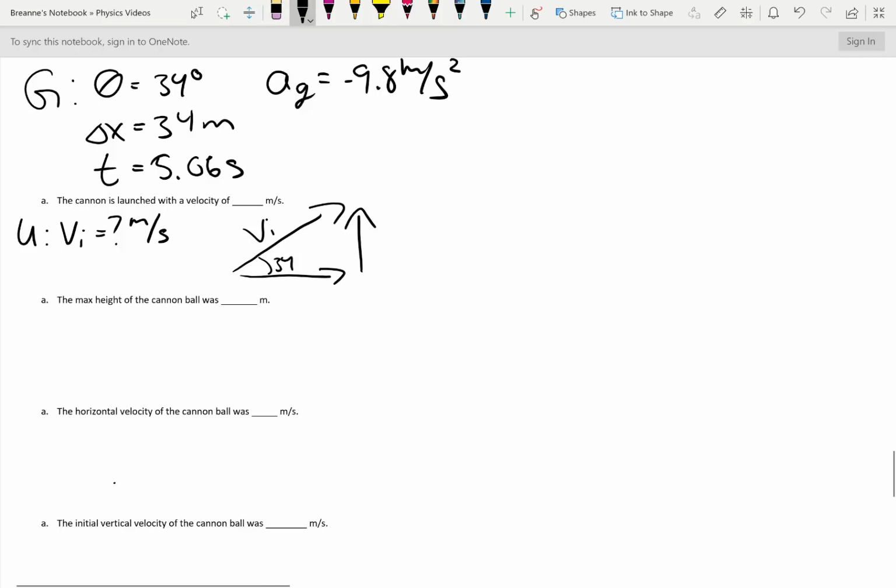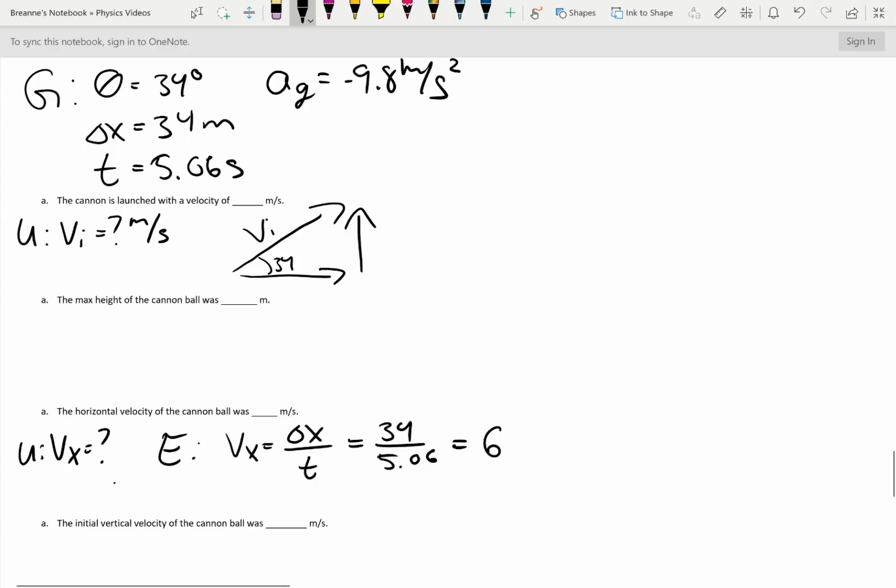For this one, our unknown is our velocity in the x. Our equation for velocity in the x is Vx equals delta x divided by time. We figured that out before. We have our delta x and our time, so you just divide them: 34 divided by 5.06.